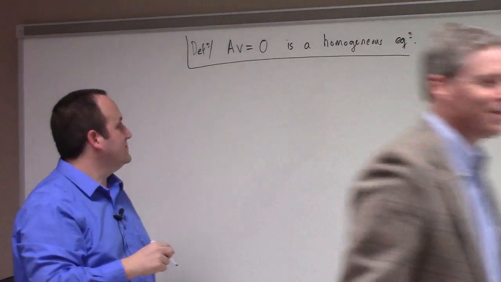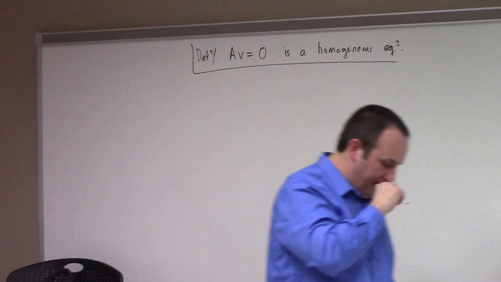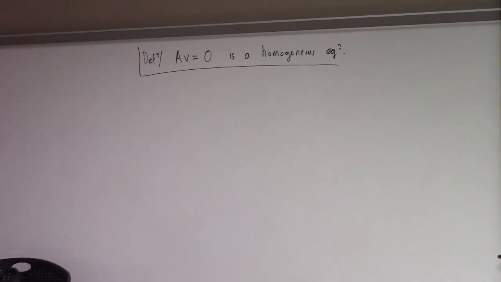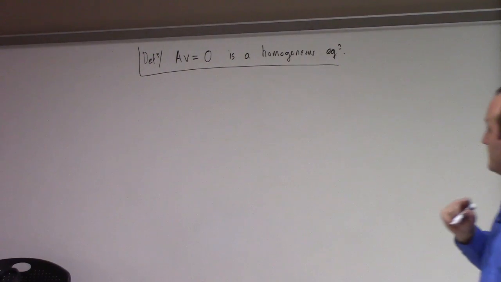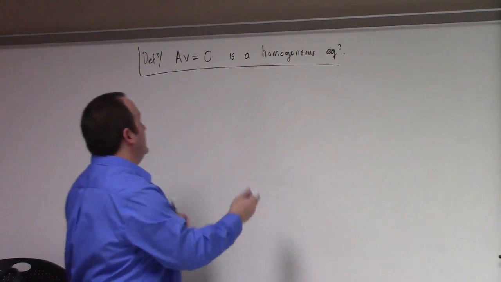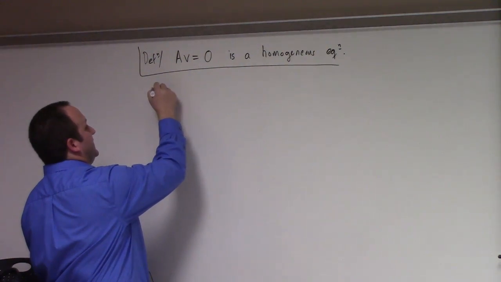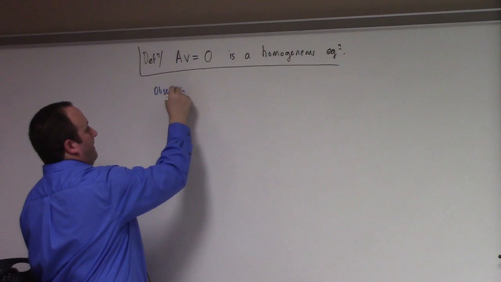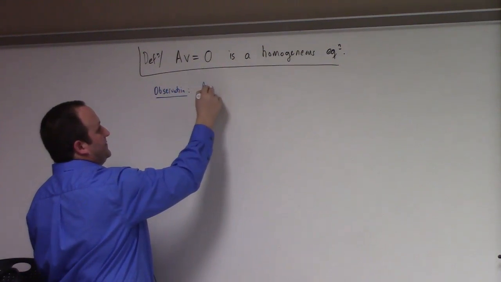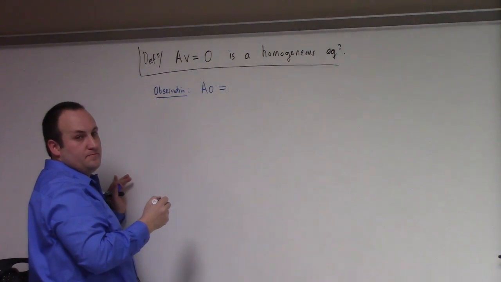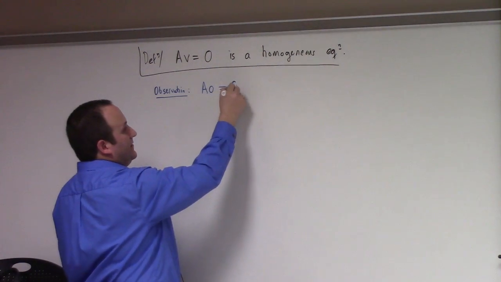So homogeneous equations are really special because homogeneous equations always have a very special kind of solution, right? So here's a silly little observation. A times the 0 vector is equal to what? 0, right?